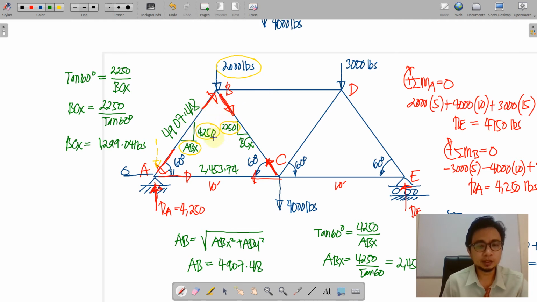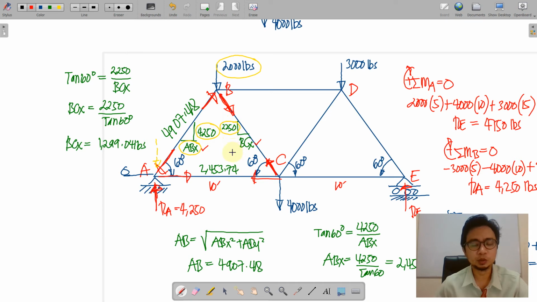Now that we have obtained that, let us note that there are rightward forces caused by these two diagonal forces, AB and BC. That is a rightward ABX and BCX. By a rational assessment, BD is just the sum of ABX and BCX against a rightward direction.